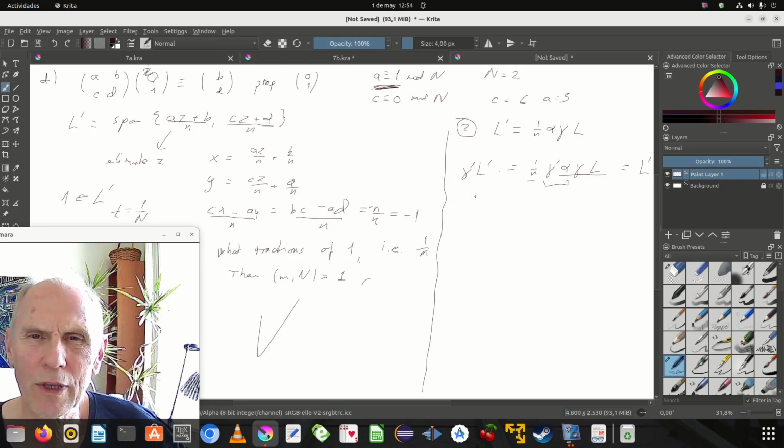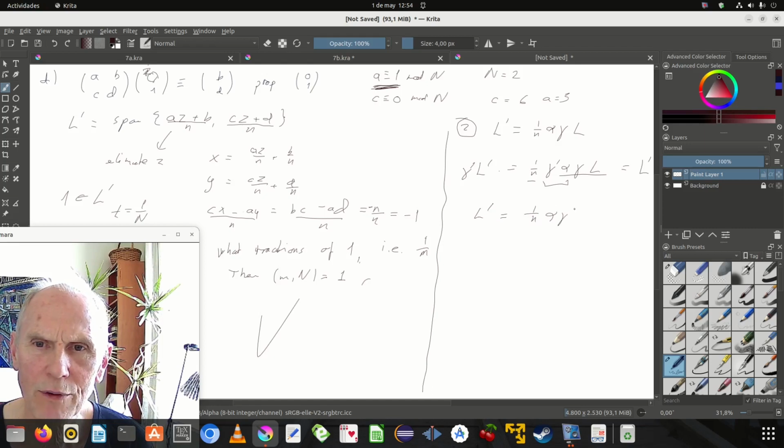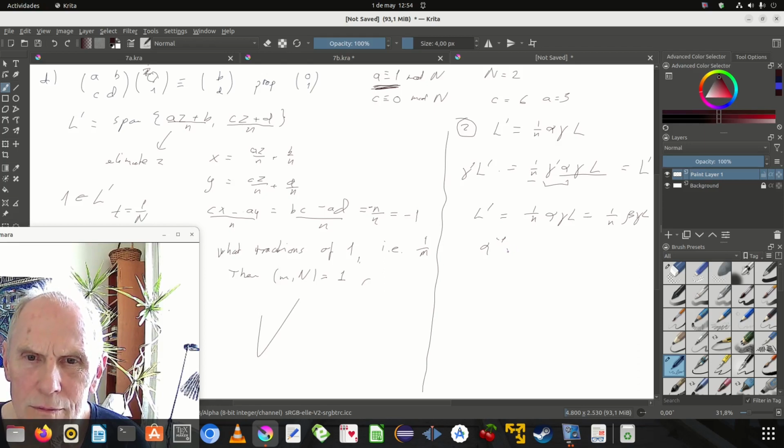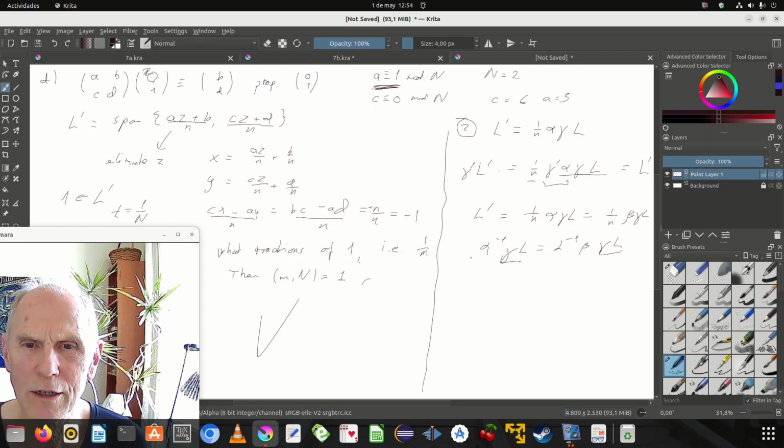And next, assume L mark equals 1 divided by n alpha gamma L and beta gamma L. This is L itself. Now what was that? We operate on both sides, so that's gone.